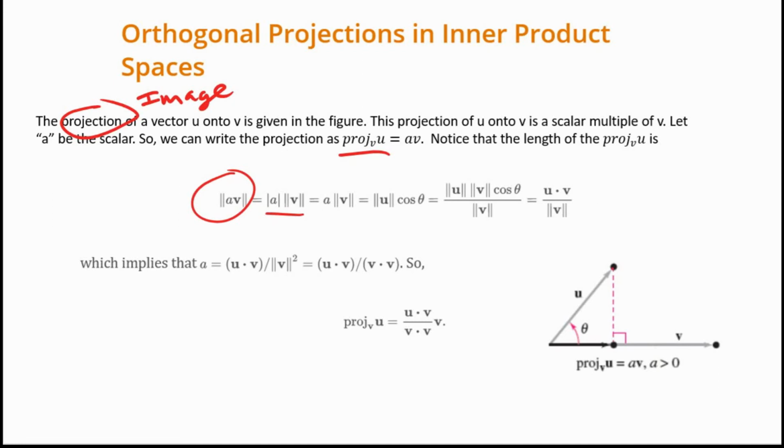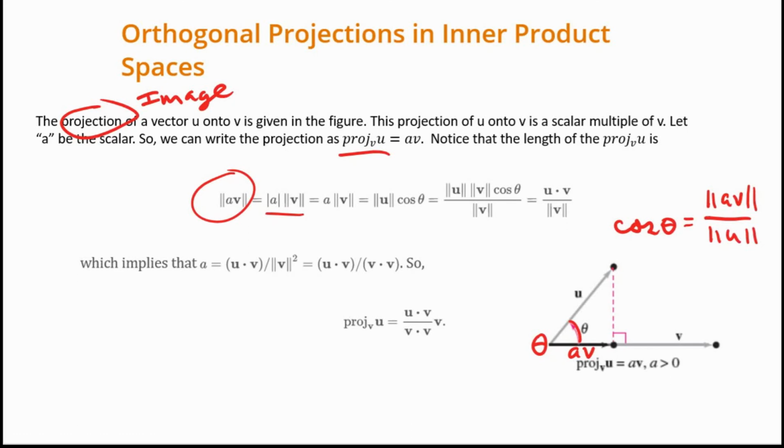So here a times v is equal to the norm of u times cosine theta. What he's doing is, and remember this side here is a times v, he's taking the cosine of this angle. So the cosine of theta is equal to the adjacent, av, divided by, and since we're talking about length, we can just put the norm, the hypotenuse.